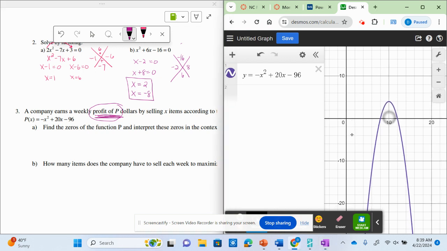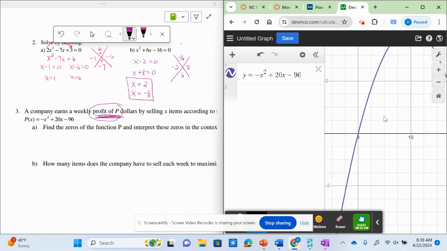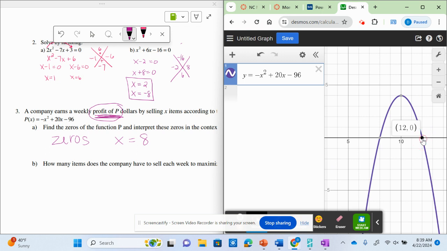So the y value is the profit. So the zeros of the function, let's see. What are my zeros? My first one is x equals 8, right? This is the ordered pair 8, 0. And my second zero is at 12. So x equals 12.